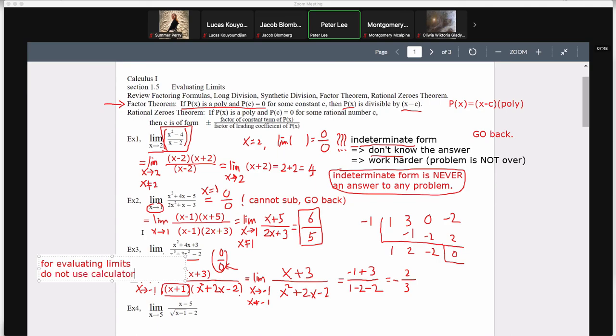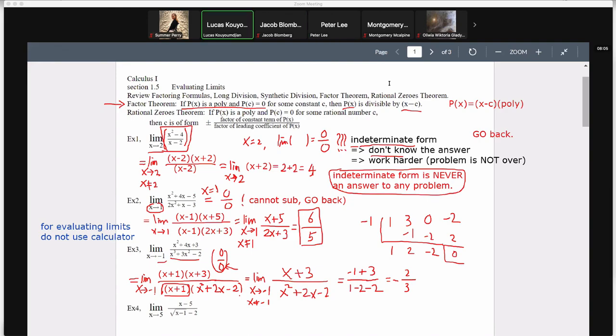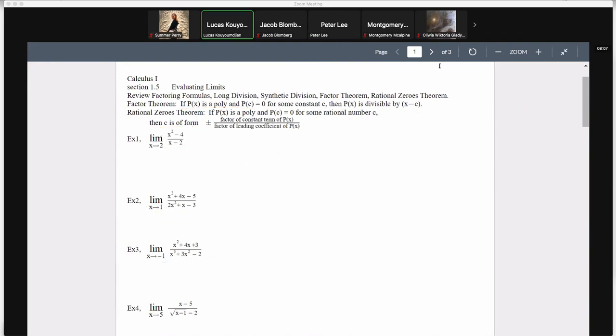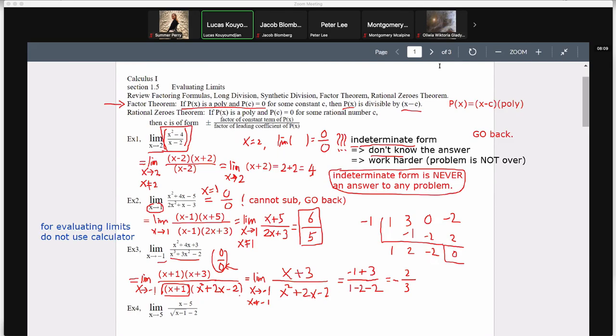All right. Okay. So any questions here? No question. So just to confirm, with limits, what we do is we plug in the value that we're given. For example, in example 3, we plug in negative 1.